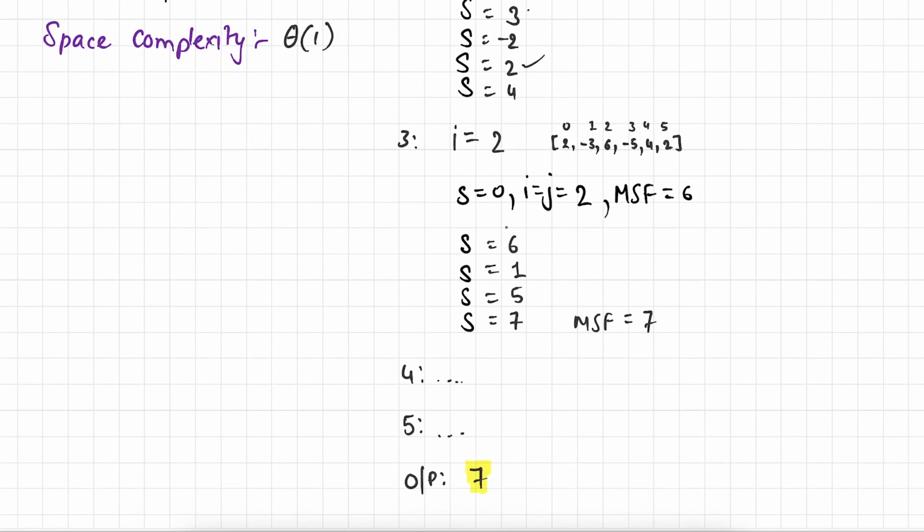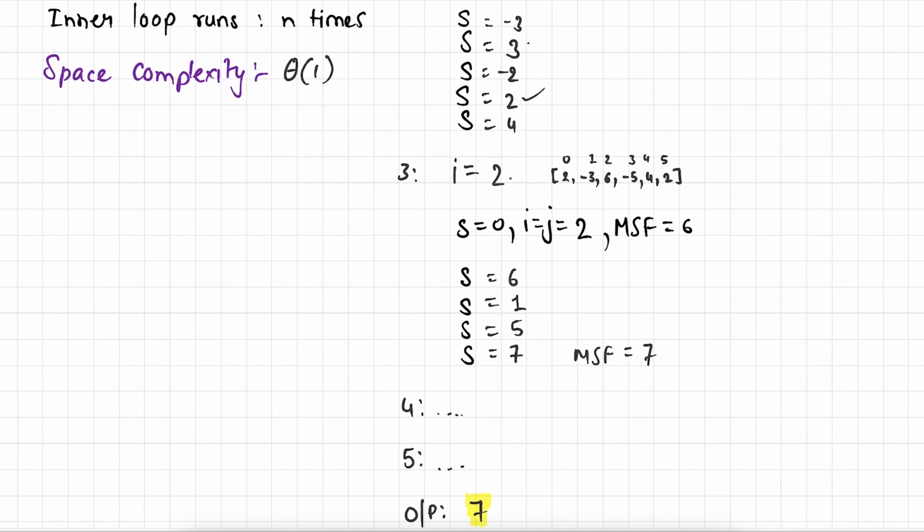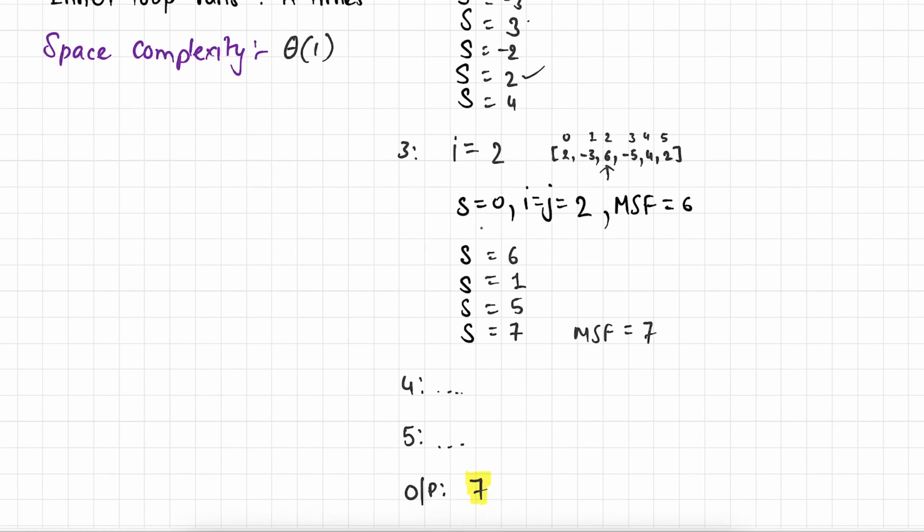Moving to the next iteration of the outer loop, now the value of i becomes 2, and this time we have to find all the subarrays beginning with number 6, because 6 is present at index 2. So we initialize the sum to 0, i is equal to j is equal to 2, maximum so far is 6. So we consider 0 plus 6 is 6, then 6 plus -5 is 1, then 1 plus 4 is 5, and 5 plus 2 is 7.